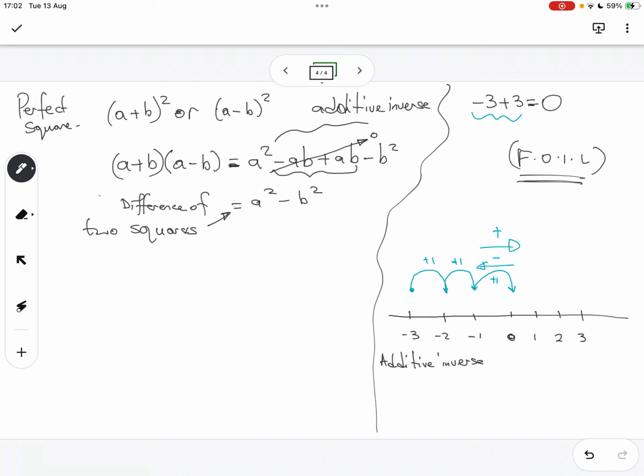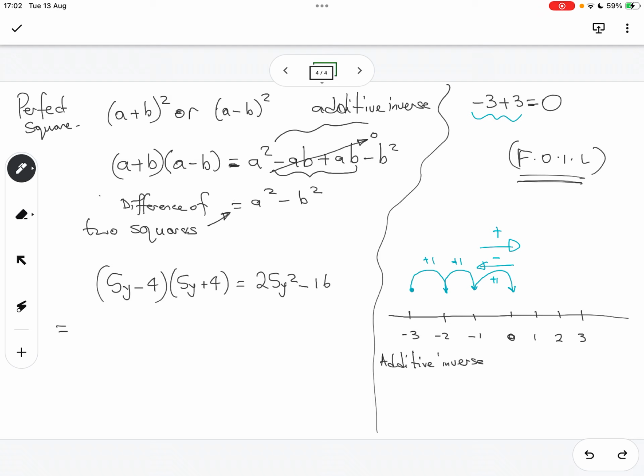So you just remember that, and whenever you see, even if you have 5y minus 4 times 5y plus 4, the answer will be 25y squared minus 16.